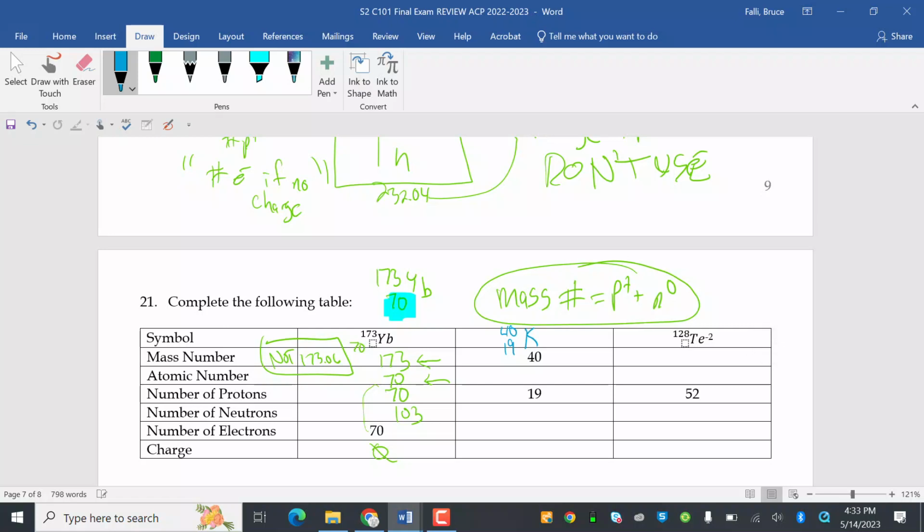So atomic number is 40. Oh, no, it's not. What am I doing? Remember, atomic number and mass number are not the same. So this is going to be 19. Number of neutrons, mass number 40 minus 19 equals 21, right? And number of electrons, unless they tell you otherwise, it's neutral, okay?